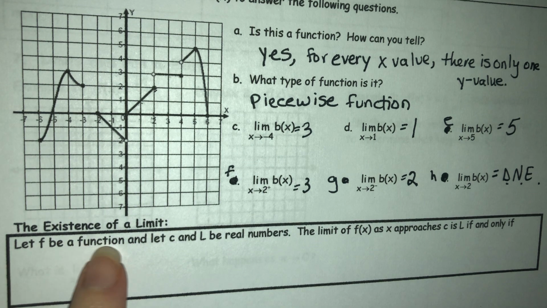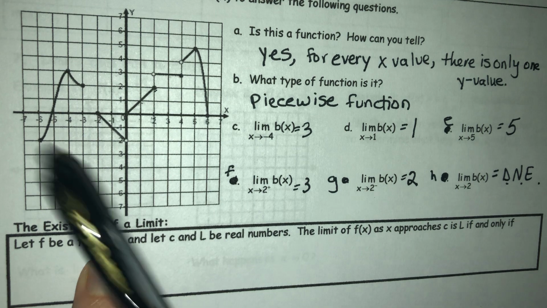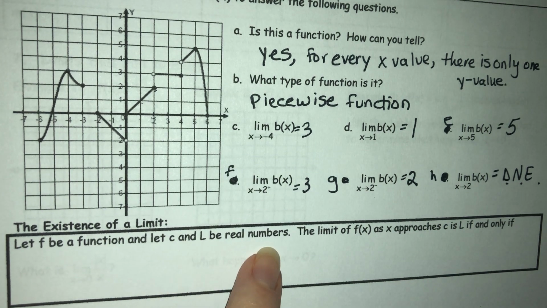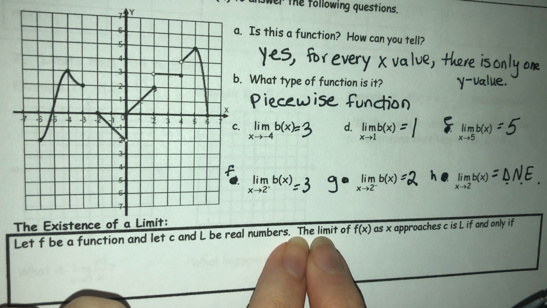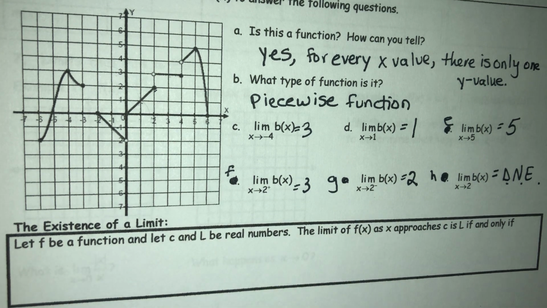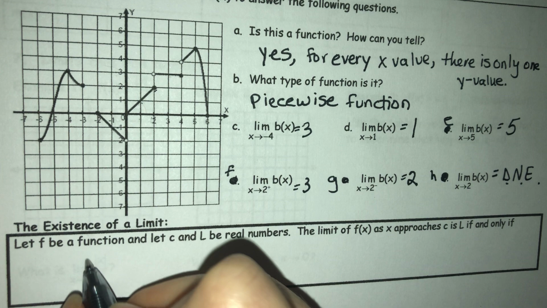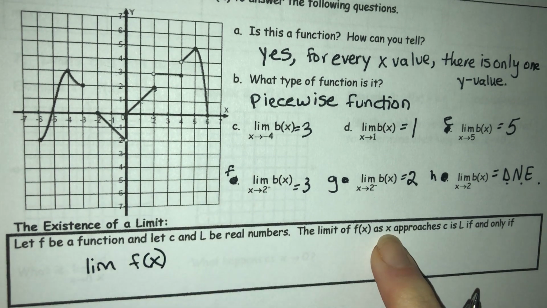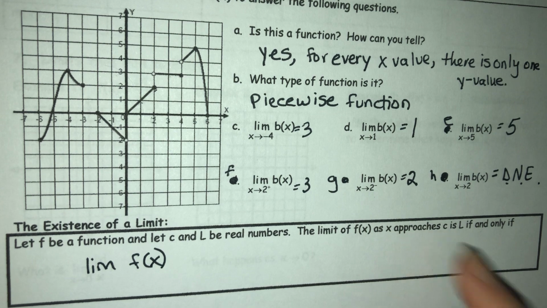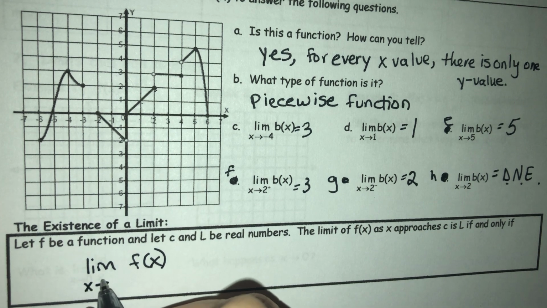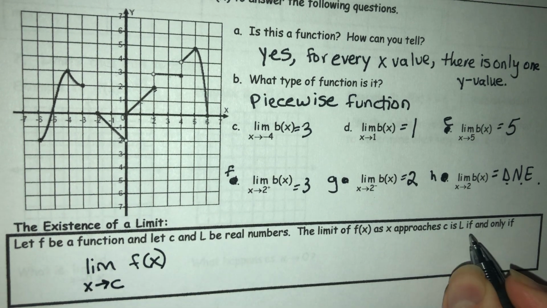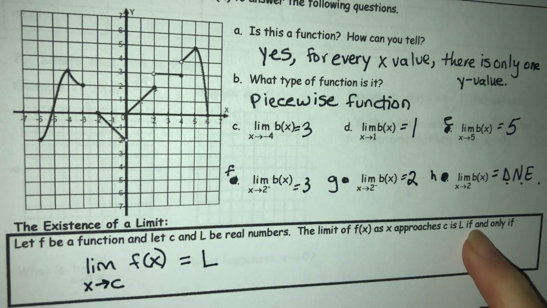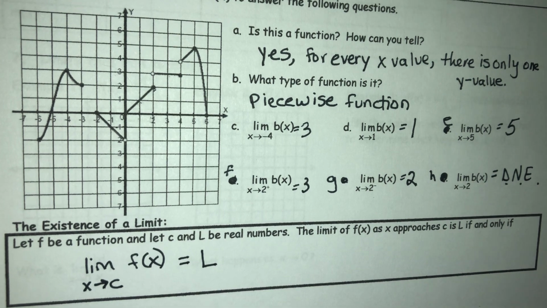Let f be a function. So like here's my function. And let c and l be real numbers. The limit of f of x as x approaches c equals L if and only if.